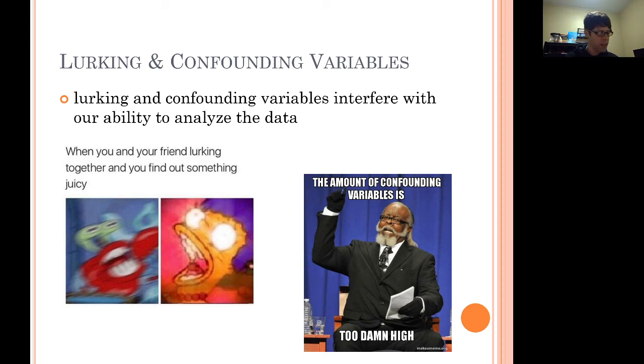So in other words, we tried to adjust the explanatory variable to see if there's a change in the response variable, but sometimes there's this third variable that's affecting the response in some way. And it may not always be clear how it's doing that, but it basically confuses our ability to determine whether or not the explanatory variable is actually the thing that's making the change.